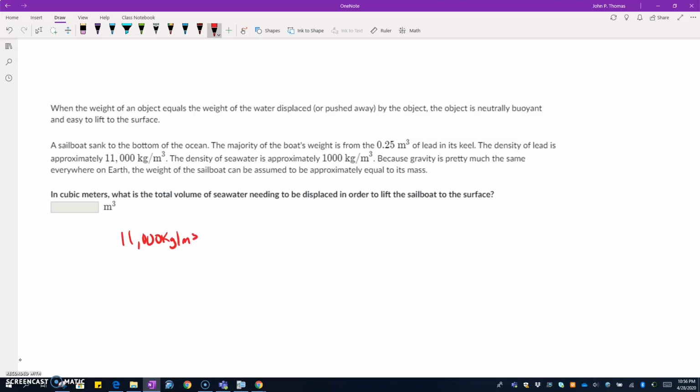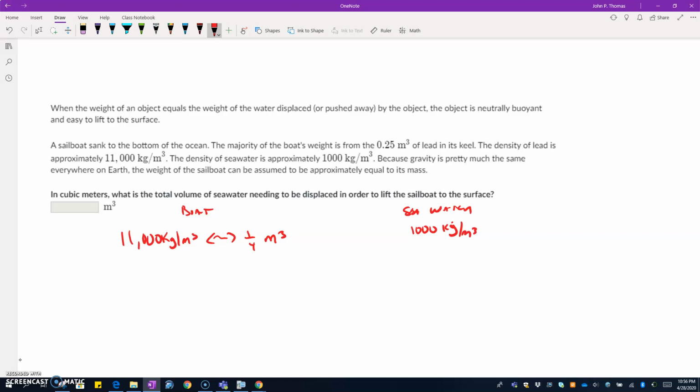And we know that was roughly from the 1/4 or 0.25 meters cubed, so we know those two are connected to each other. And it says the density of seawater, all right, so this was our boat back here, and then seawater density is 1,000 kilograms per meter cubed.